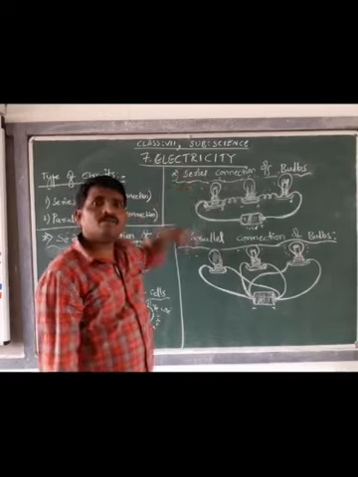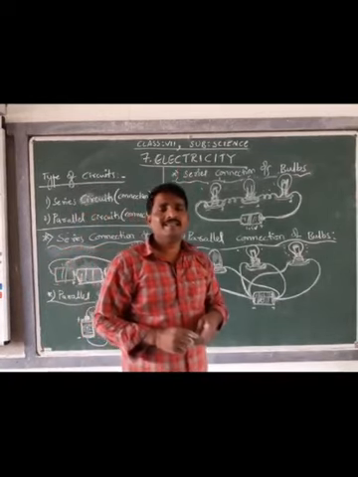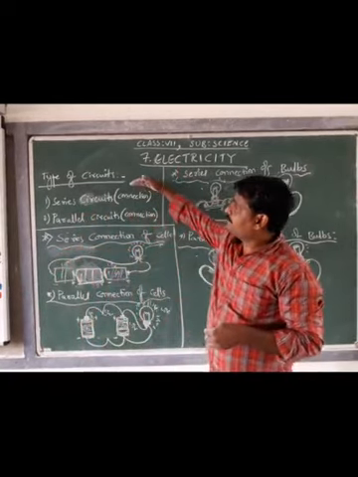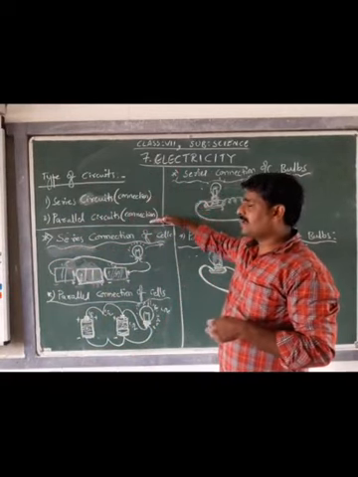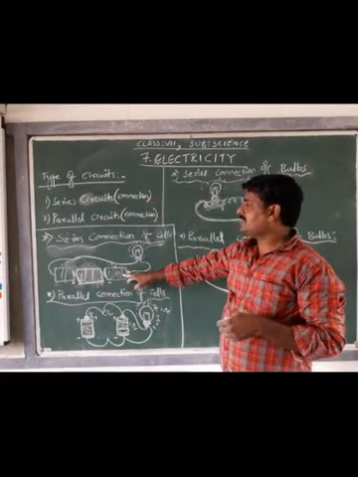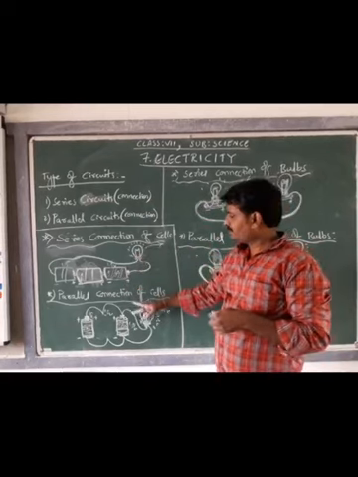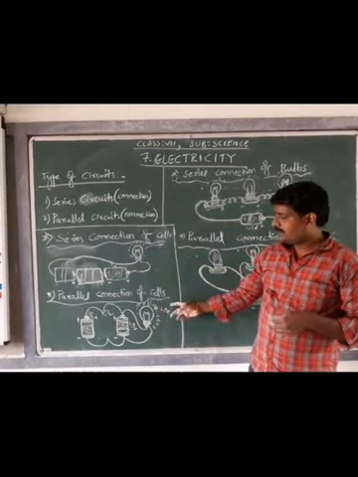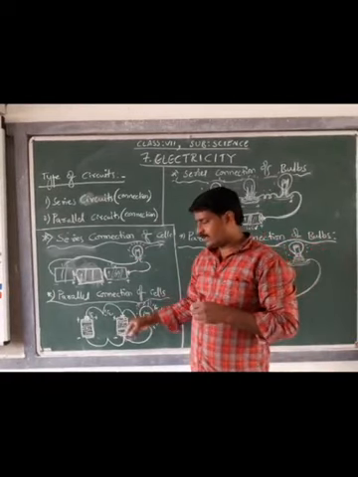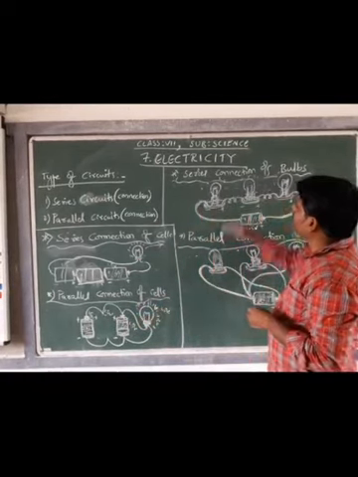These are the advantages and disadvantages of the different types of electric circuits, that is, series connection and parallel connection. If the batteries are connected in series, we have discussed the advantages and disadvantages. What if the batteries are connected in parallel, what is the drawback and what is the advantage, that we have discussed.